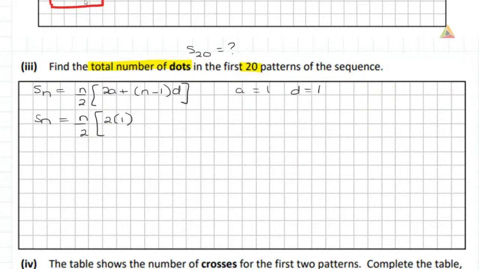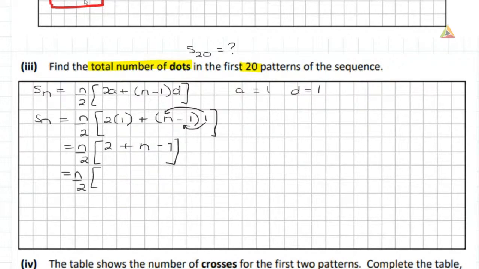So 2 times 1 plus n minus 1 times 1 gives me n over 2 times 2 plus 1 times n is 1n, or just n, and 1 times minus 1 is minus 1. And when we put like with like inside that bracket, 2 minus 1 is 1 plus n.